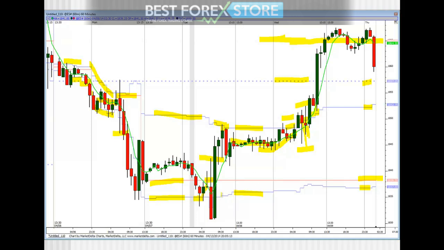So when you begin to see clusters like this, recognize that the activity is concentrated on the top side, and keep an eye out for a breakout either to the upside to continuation, or possibly a breakdown to come back and retest the levels that we have just left. In this case, we continued to move higher and higher.